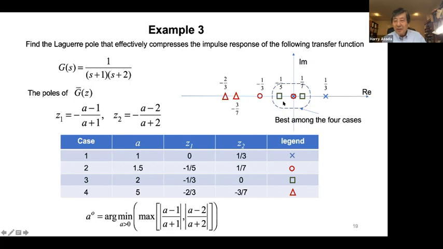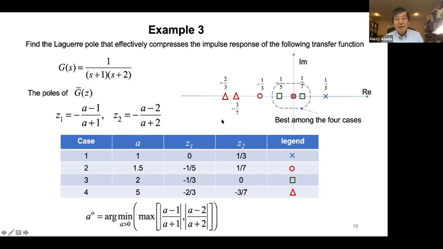So they are located here, -1/5, and plus 1/7. Well, in fact, this one is closer than this guy. If I pick a equal 2, one side is 0, but the other side is -1/3, that's basically a symmetric case from case 1, with 2 poles in the z plane here and here.